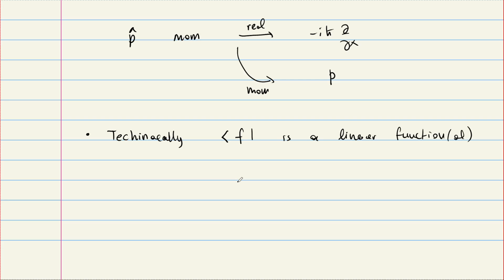A function is an object that takes something and spits out a number. In this case, this f is going to take a ket, something like g, right? Sometimes people use this notation, f takes g, and the meaning of this is that you do this, and this is just a complex number.